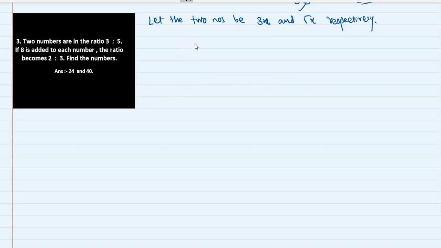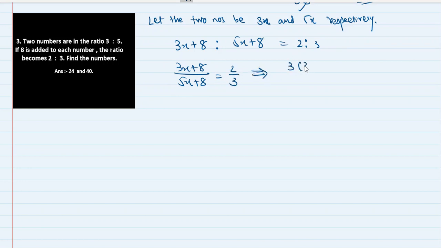If 8 is added to each number, the ratio becomes 2:3. So 8 is added to the first number and 8 is added to the second number, and the ratio becomes 2:3. Find the numbers. So 3x plus 8 upon 5x plus 8 is equal to 2 by 3. Cross multiplying, we get 3 bracket 3x plus 8 is equal to 2 bracket 5x plus 8.